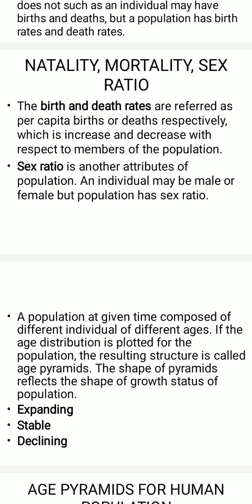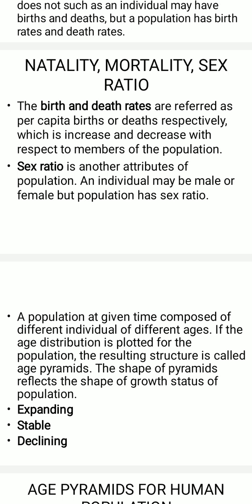For example, if you take a family itself, the newborn ones may be there, young boys and girls around the age group of 10 to 15, adolescents, and then around 20 plus, 30 plus age, and old aged people also. If the age distribution is plotted for the population study, the resulting structure is considered an age pyramid.